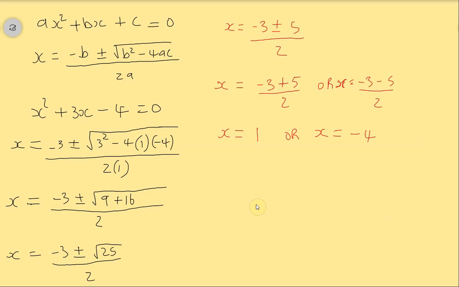I'll just say that if there's a negative value under the square root, then that's going to result in an imaginary, in a complex number. So complex numbers are done in advanced maths.